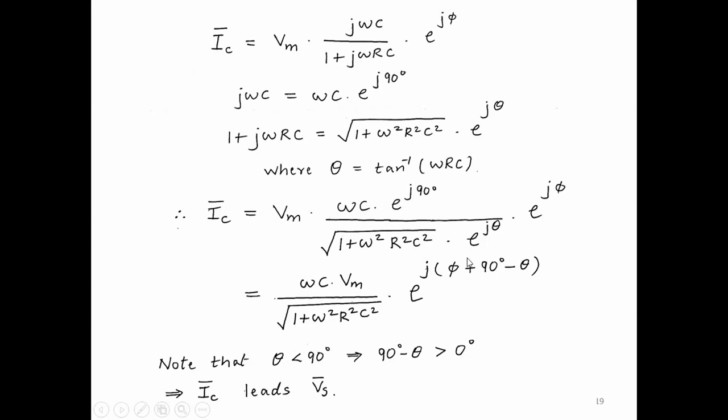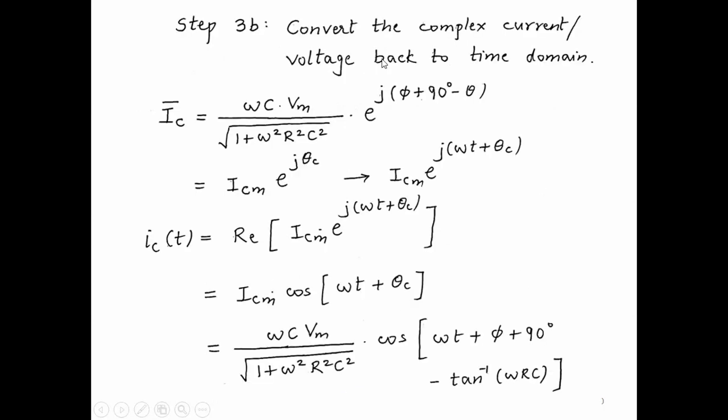Once we have this form, we convert this complex quantity back to the time domain. We have magnitude and phase, and therefore we write the time domain current as the real part of the magnitude times e raised to j omega t plus the phase.